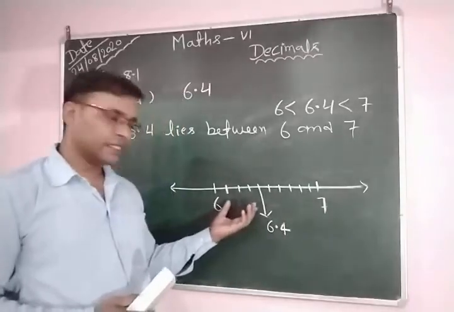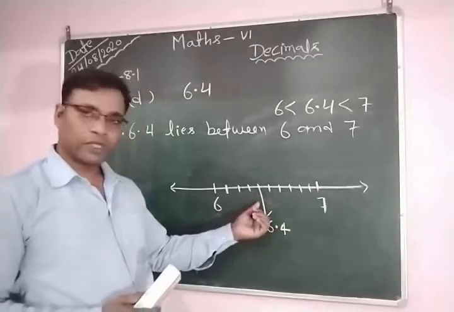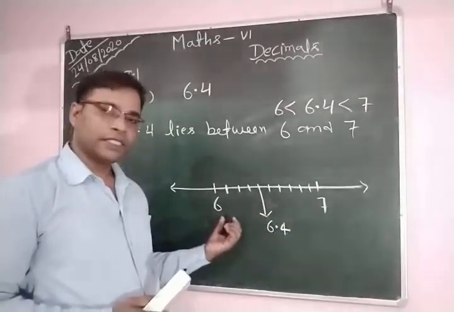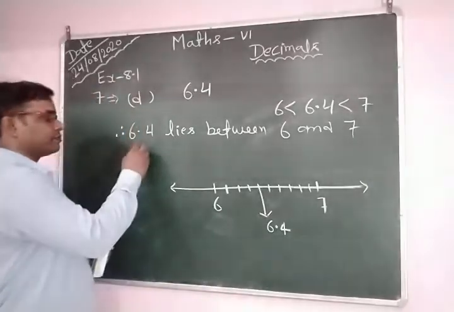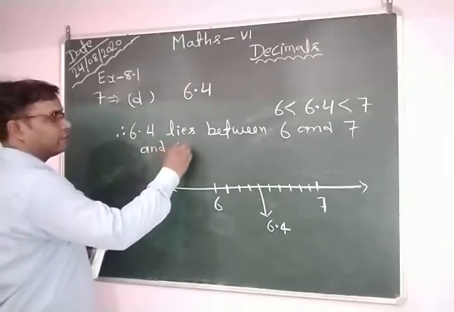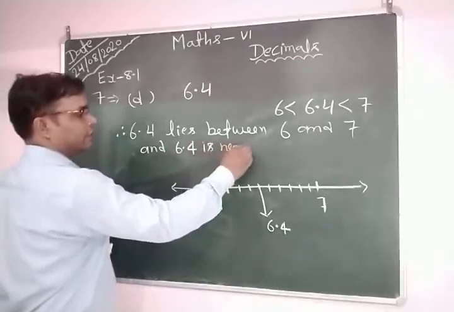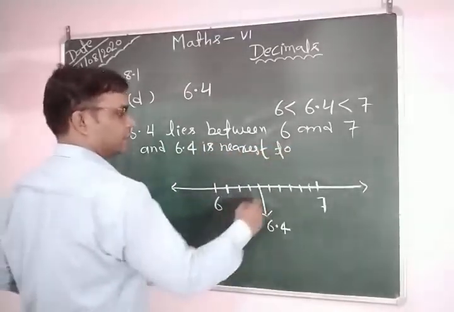So you can see on the number line, 6.4 is here. So obviously you can say that 6.4 is nearest to 6.